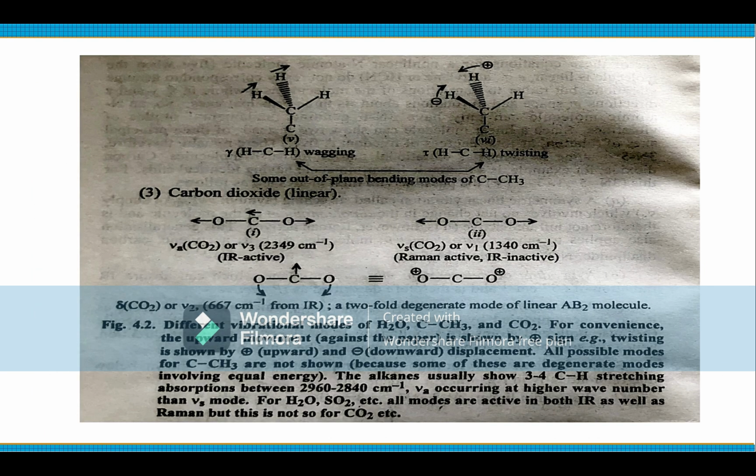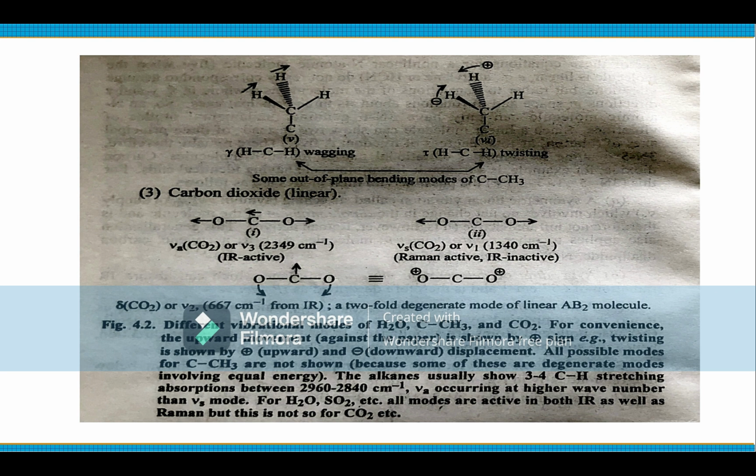And below are shown two equal energy bending modes called degenerate modes. The value is 667 reciprocal centimeter. These are two-fold degenerate modes, and this diagram is applicable to all AB2 type molecules.